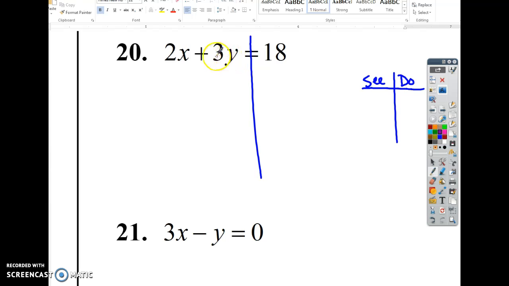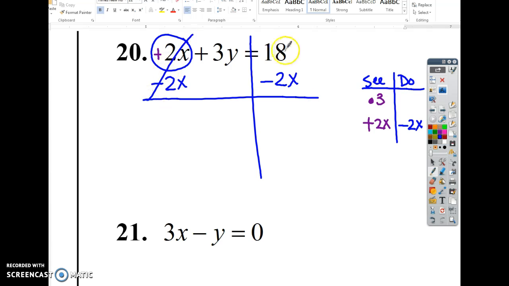The y is being multiplied by 3, and there is a +2x, so they added 2x. So the first thing you're going to want to do is get rid of that plus 2x by subtracting 2x from both sides.